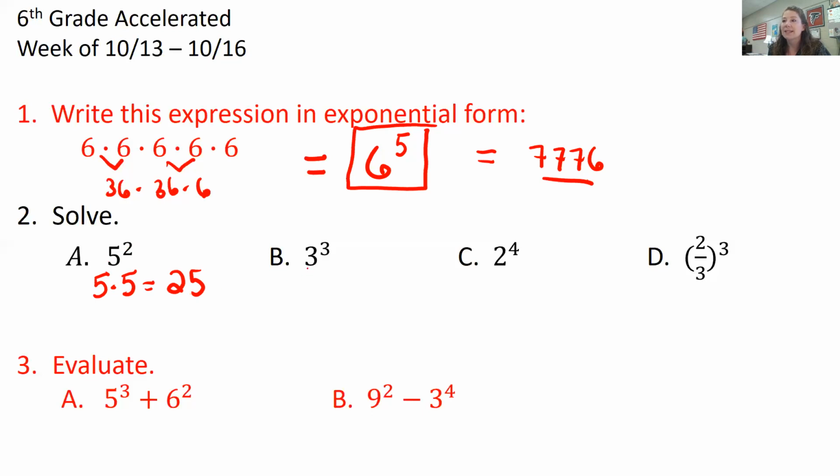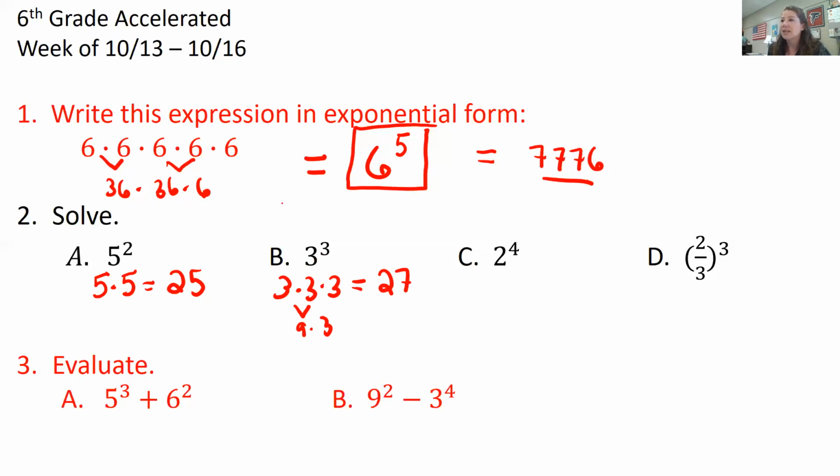Letter B, this is telling us to multiply 3 together 3 times. So 3 times 3 times 3, well, 3 times 3 is 9, and 9 times 3 is 27. So I could say that this is either 3 to the power of 3, or I could say 3 cubed.